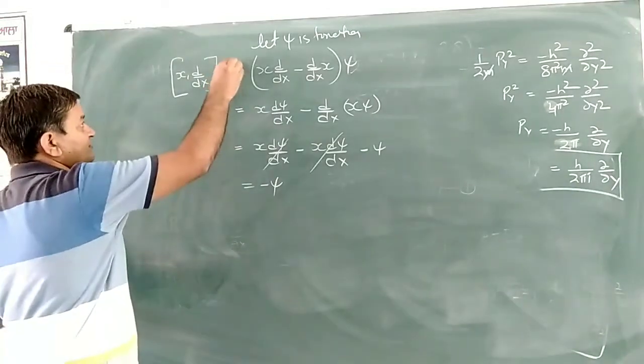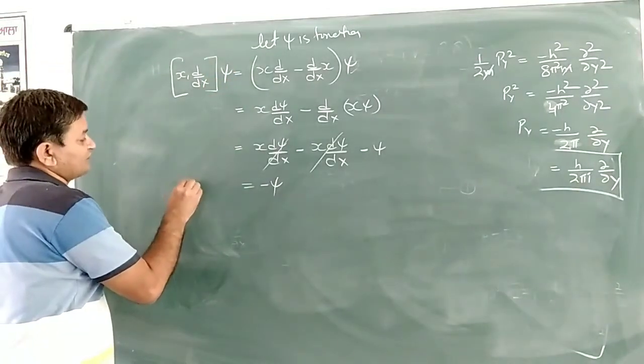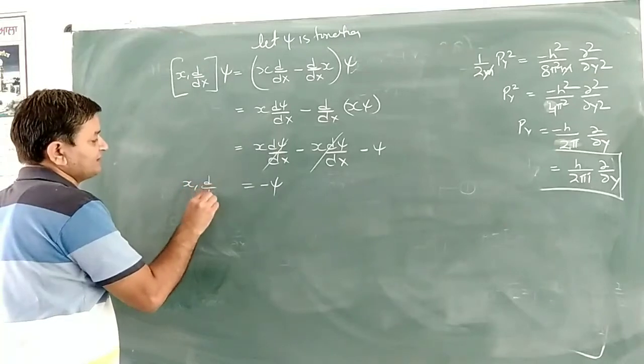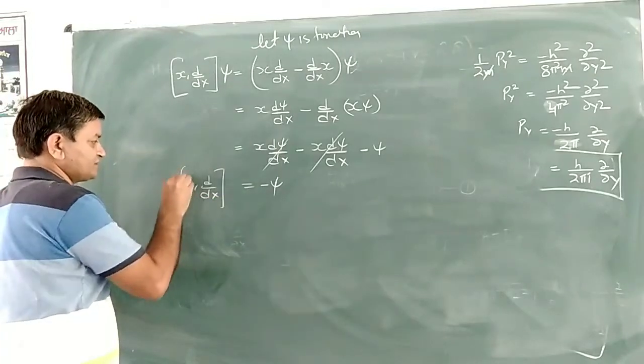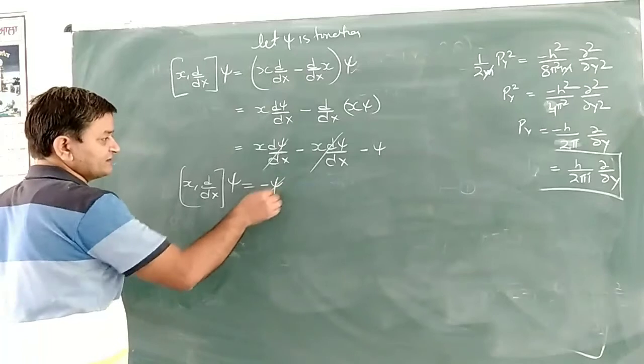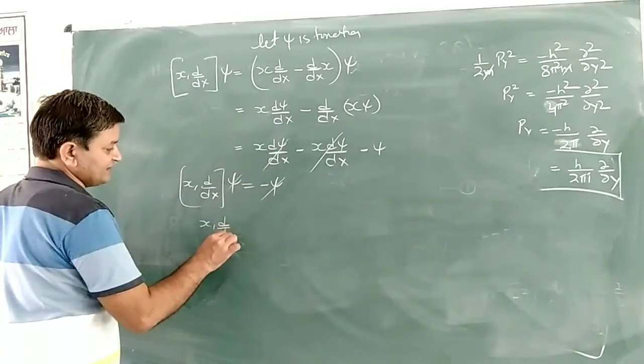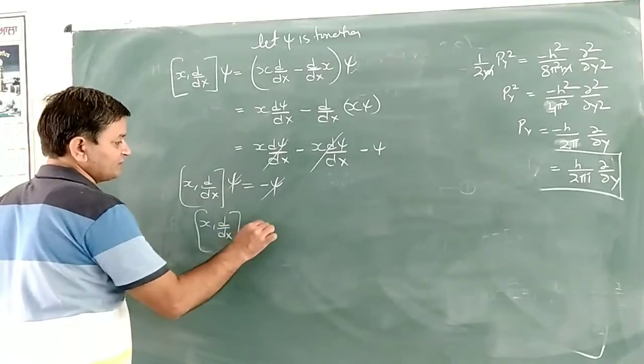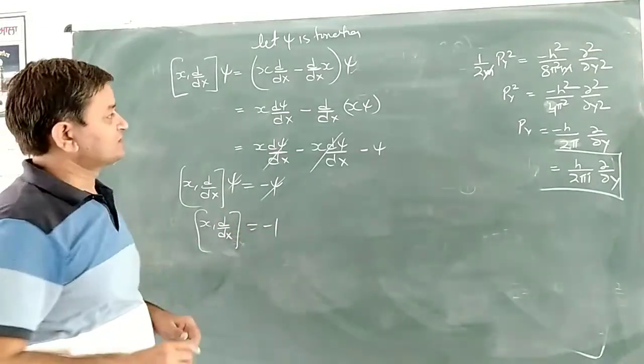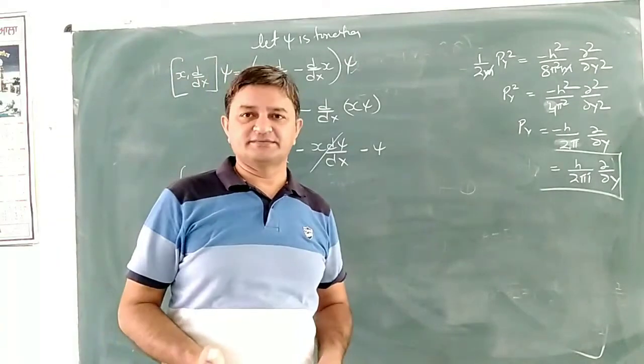And if we took this psi function here, then this x d by dx is the operator, the psi and psi cancel, therefore x d/dx commutator will be equal to minus 1. So this is called the commutative operator.